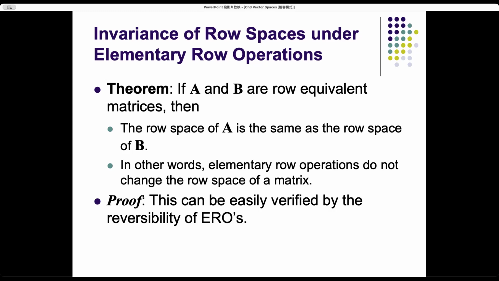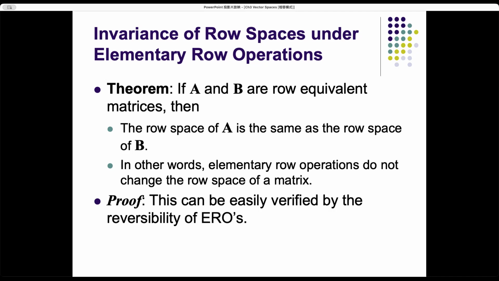But keep in mind, these three elementary row operations can all be undone by elementary row operations, right? 就是前面我们讨论的这三个 elementary row operations，他们可以用 elementary row operation 把它复原回去，对不对？ And also these elementary row operations are kind of like linear combinations of row vectors.